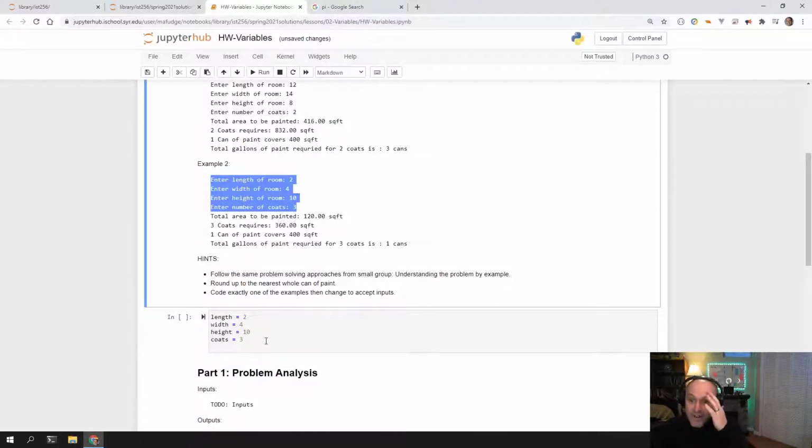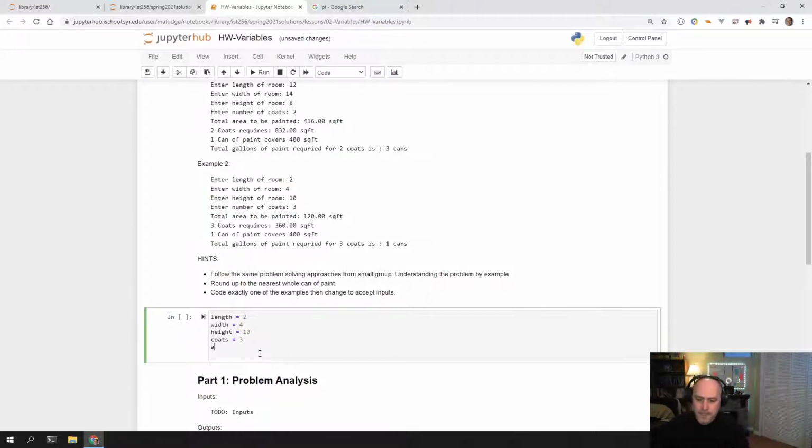So let's figure out the area to be painted. The area to be painted here is going to be the length of the wall times the height, right? If you think about it, a room's a big rectangle. So you've got this one wall length and then another wall width, and then they're all 10 feet high.